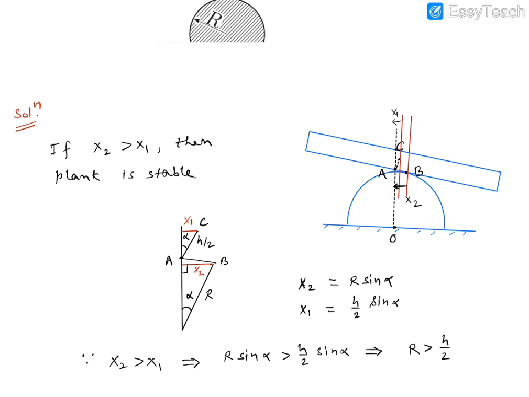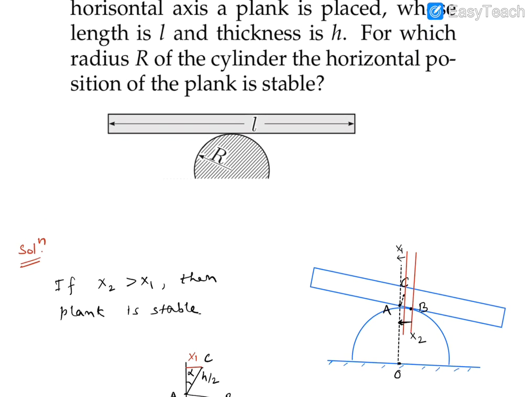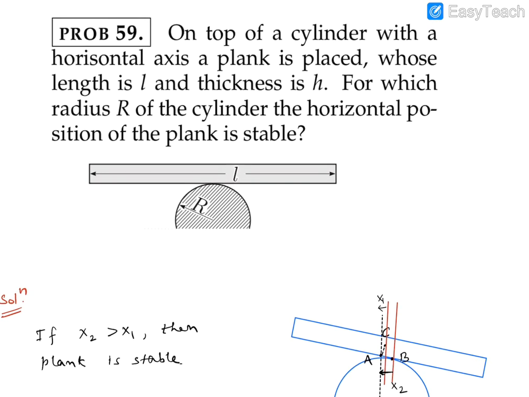Now we know the relation between h and r needed to claim stability. If r is less than h by 2, then the gravitational force shifts toward the right of B, and the plank will be unstable. So this was the condition that we were supposed to find in this question.